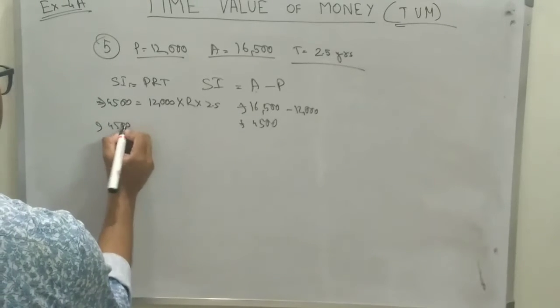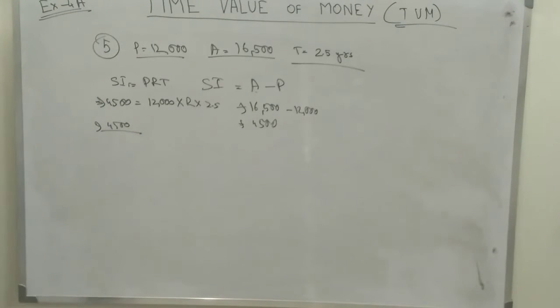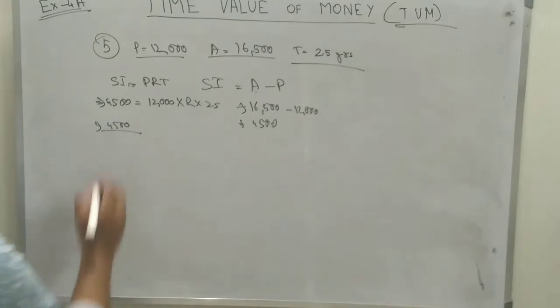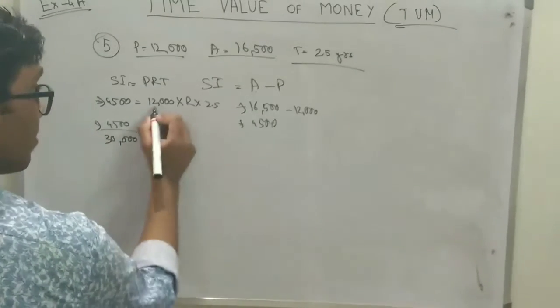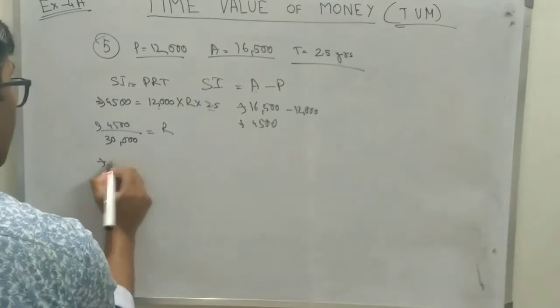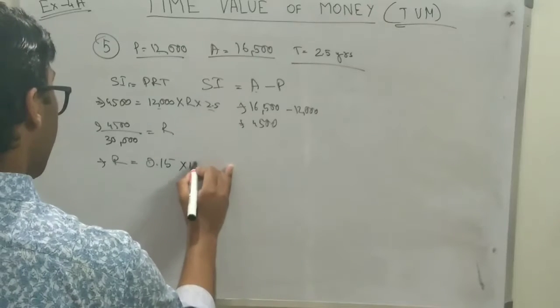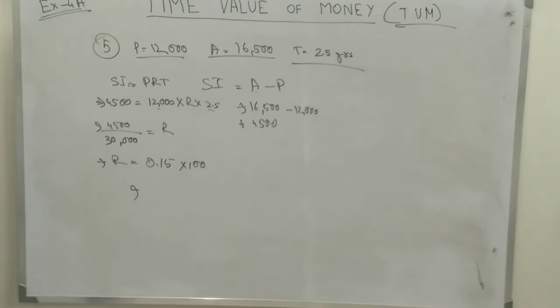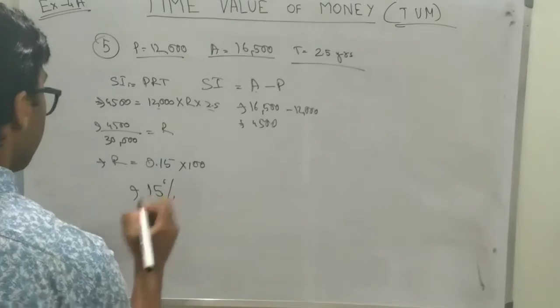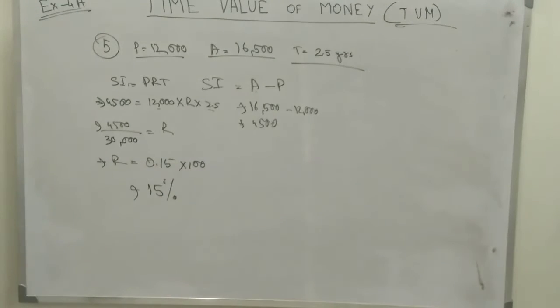That means 4,500 by 30,000, 12,000 into 2.5, is equal to R. Then the value of R will be 4,500 by 30,000, 0.15. You have to get the answer in percentage terms, so multiply it with 100 and you will get 15%. 15% will be the answer. So the option number of question number 5 is A, which is 15% as per book.